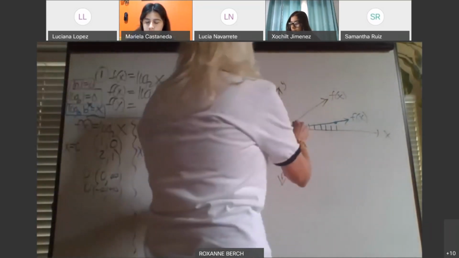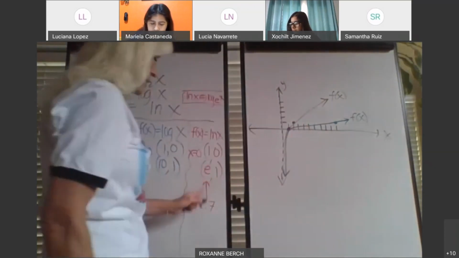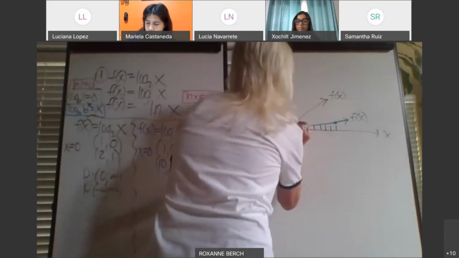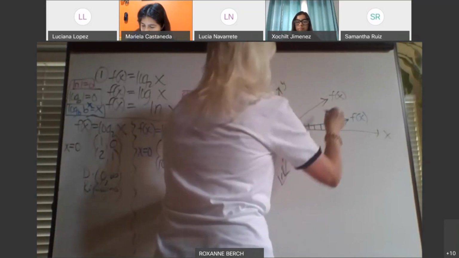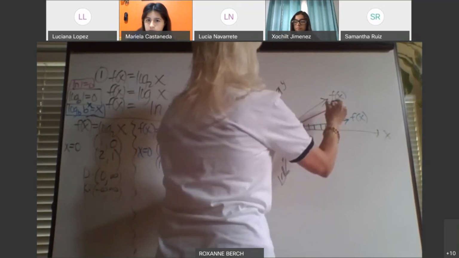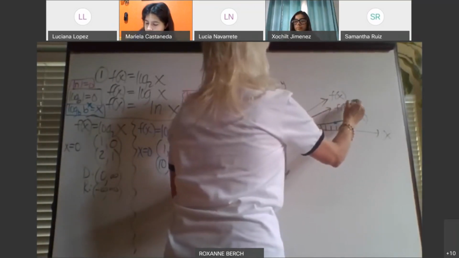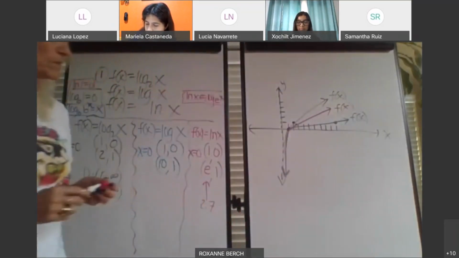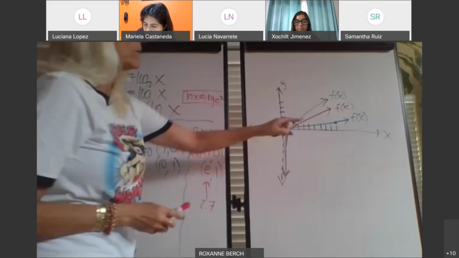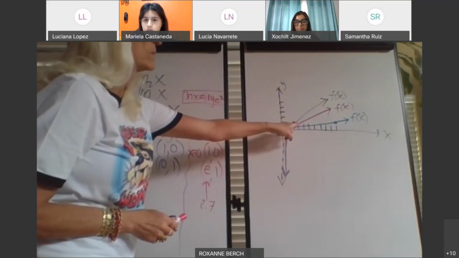So on this one, once again, you have right 1, 0. You have about 2.7, up 1.